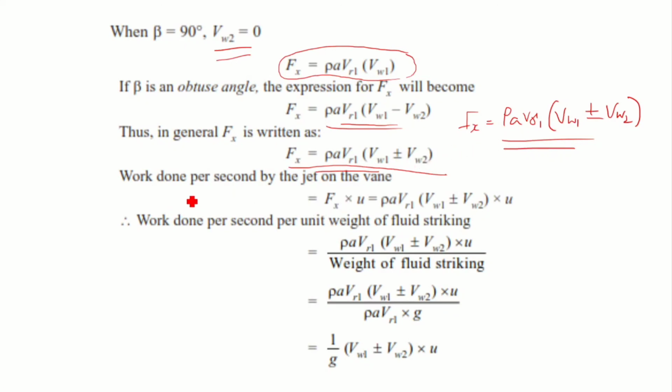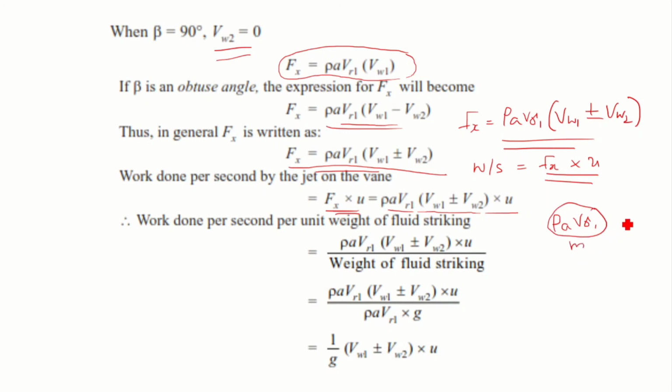Next, work done per second. Work done per second is equal to force exerted in the direction of the jet into u, that is F of x into u. So rho A VR1 into VW1 plus or minus VW2 into u. Work done per second per unit weight of fluid striking means dividing by the weight of fluid, which is mass m into g.